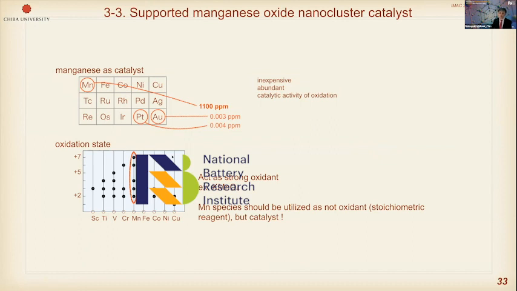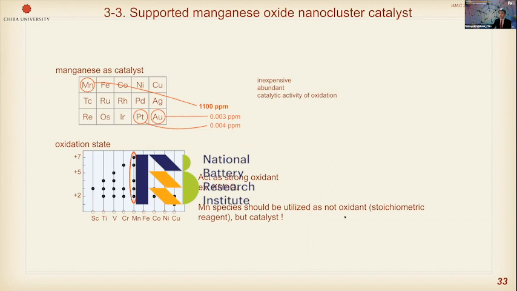And also it has different oxidation states. In the case of nickel, the stable oxidation state is only 2, and of course metal 0. However, in the manganese case, 7, 6, 4, 3, and 2 stably exist. So if using manganese for oxidation or dehydrogenation reactions, then this redox cycle can be easily obtained. We hope so.